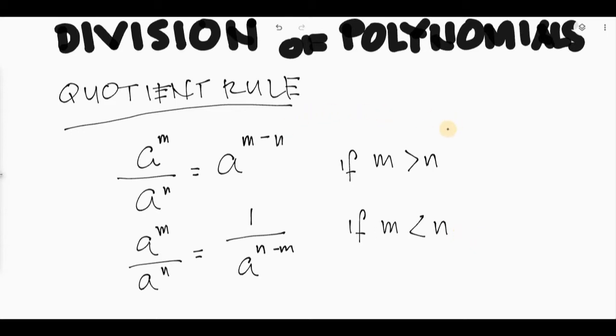The next one is a raised to m over a raised to n is equal to a raised to 0, which is equal to 1. That is if m is equal to n.